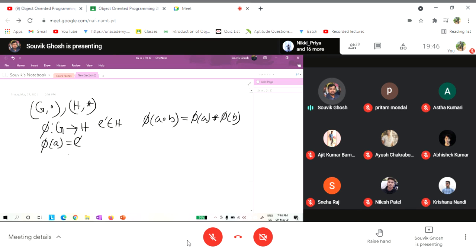Since any element goes to the identity element of H, and A, B belong to G, this implies that A composition B also belongs to the set G. So now, if we apply the function on this element A composition B, the result should belong to H.